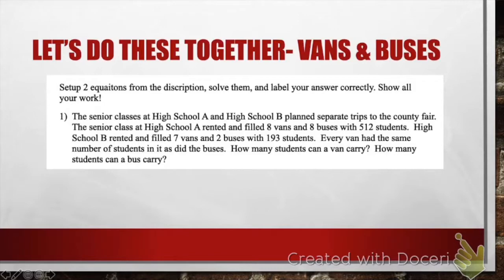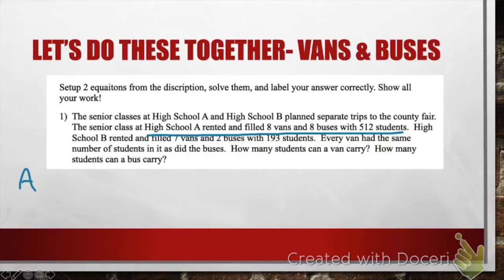So then I need to have 2 different equations. One of the equations is for High School A, and I look right here, and it says that High School A rented 8 vans and 8 buses with 512 students. So here's my equation.